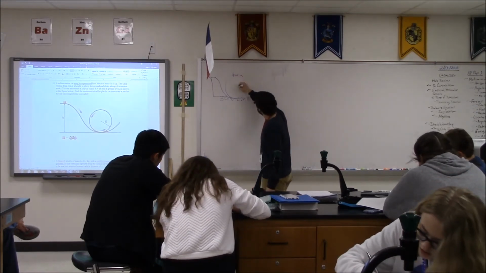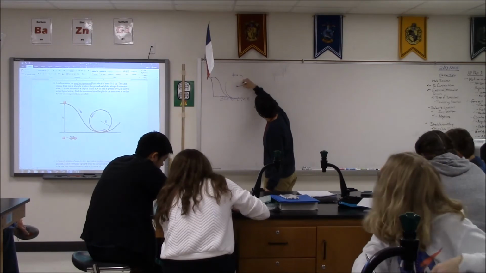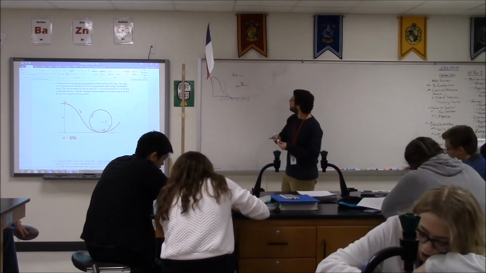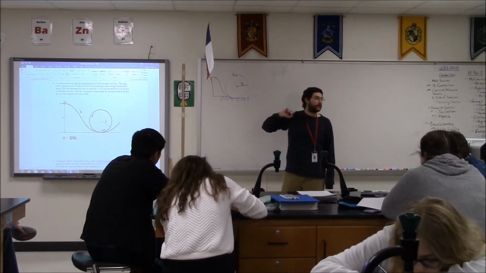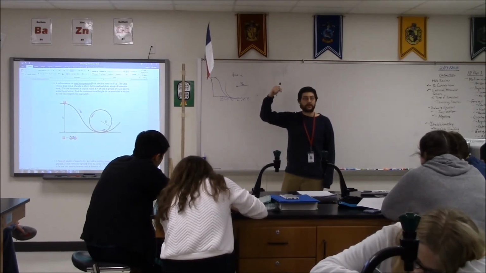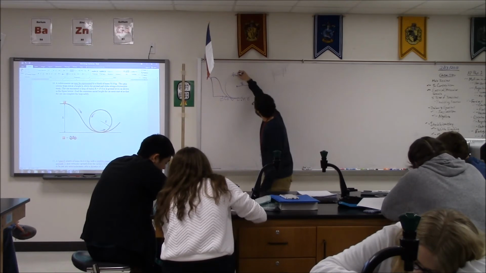The top of that loop is going to be our final position for energy purposes. What is the free body diagram going to look like? Just the force of gravity.